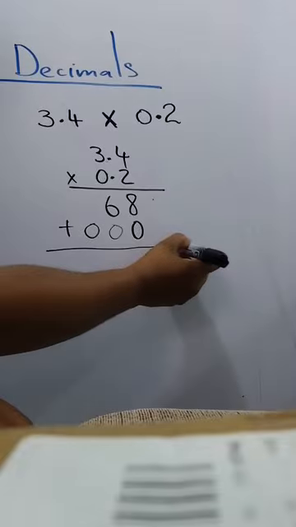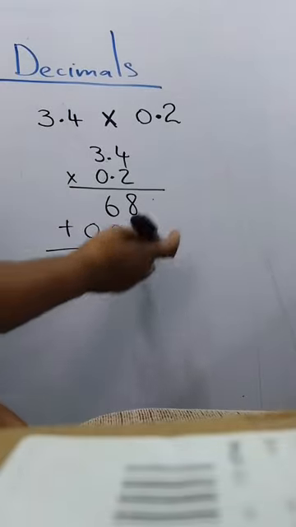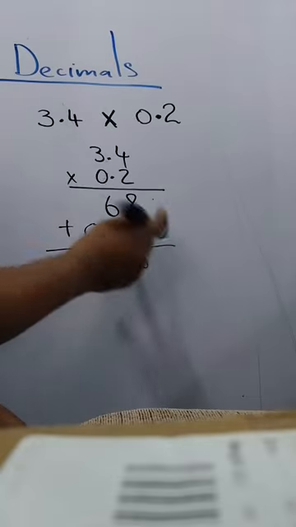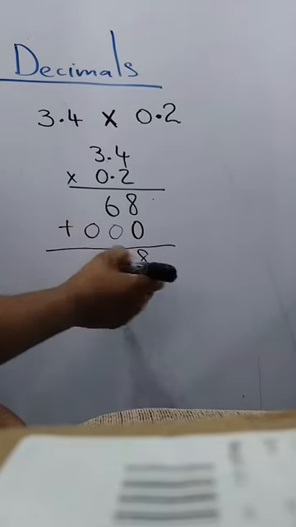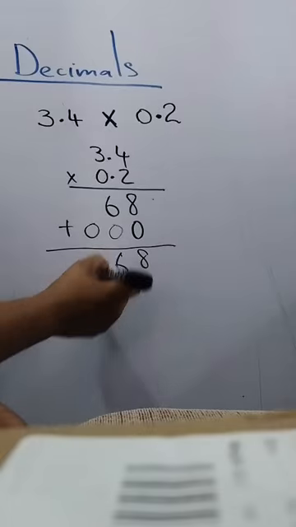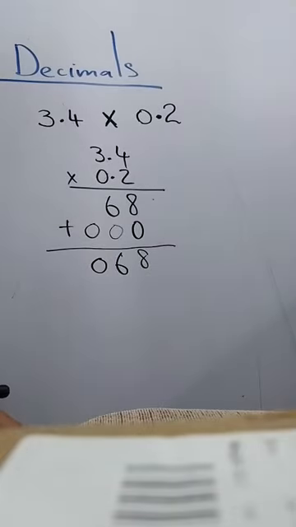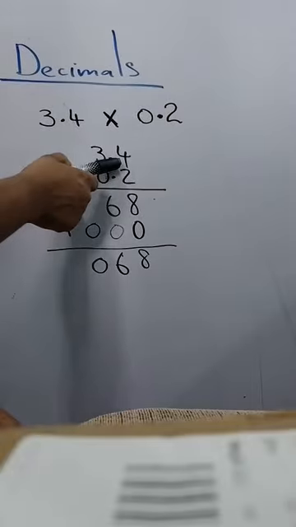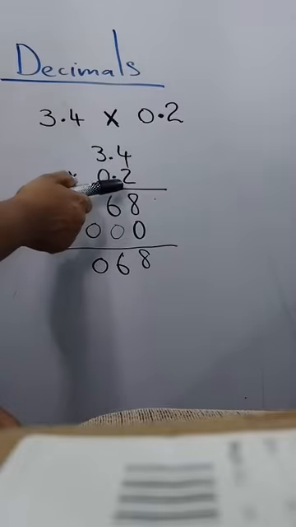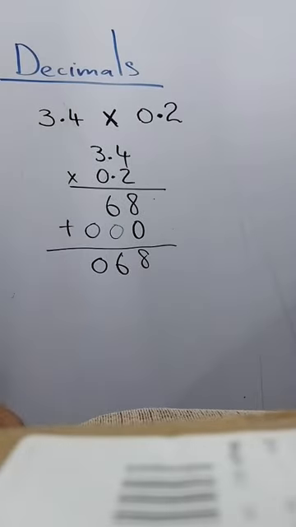Now I'm going to perform addition. 8 plus 0 is 8. 6 plus 0 is 6. And 0 plus nothing is 0. Now I'm going to look at where to put my decimal point. There was 1 digit after the point in the first number, and there was 1 digit after the point in the second number.